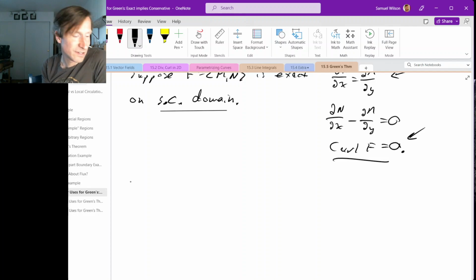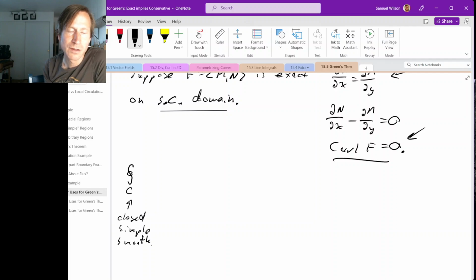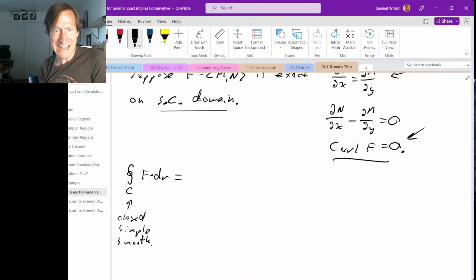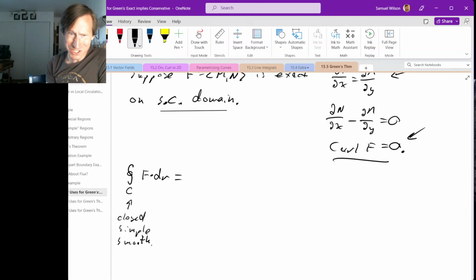So let's think about integrals. What about the integral over a closed curve? If we do a line integral over a closed simple smooth curve, or piecewise smooth even, of f dot dr, well, closed simple smooth curves are exactly the curves that are boundaries for regions.